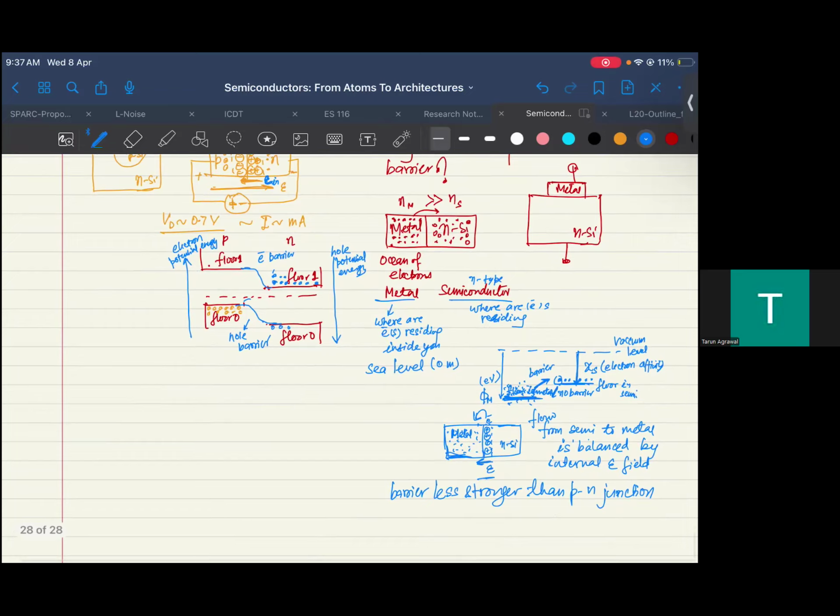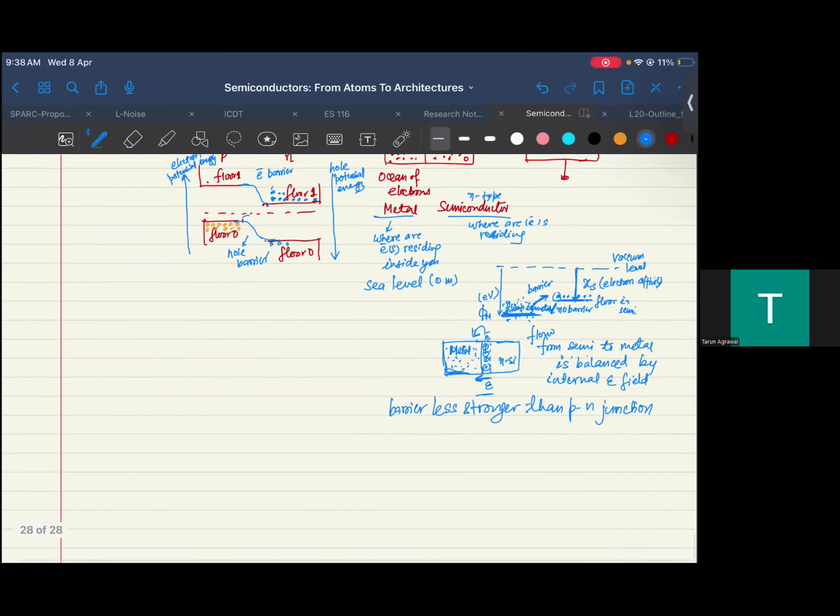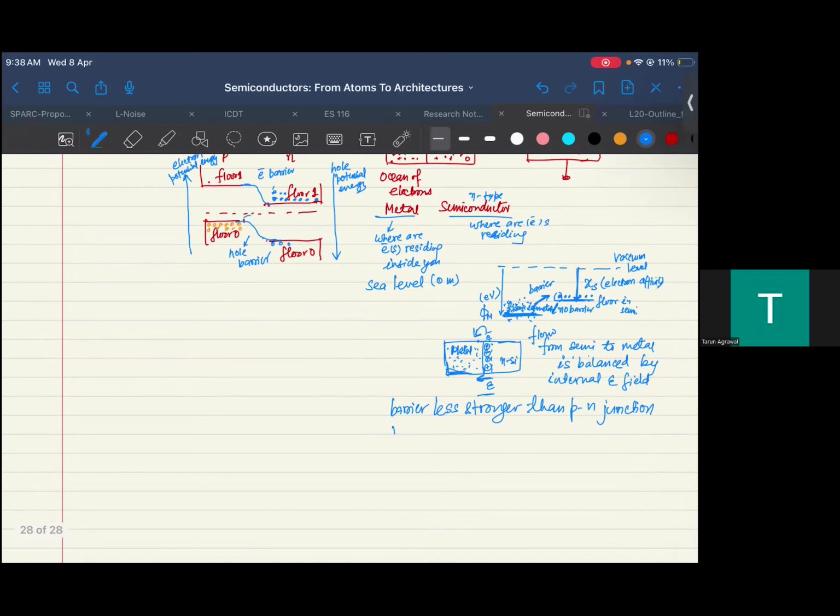That means the internal electric field is very strong there. So the barrier being less strong means the internal electric field is less strong compared to your PN junction, right?